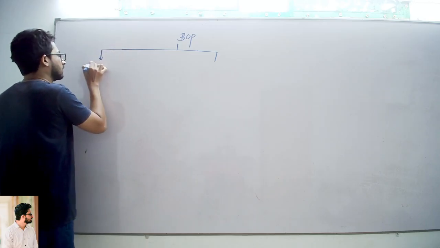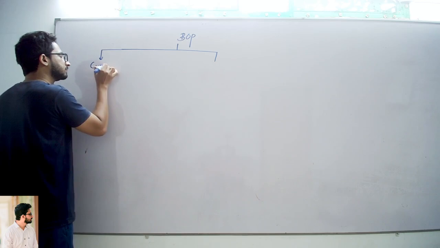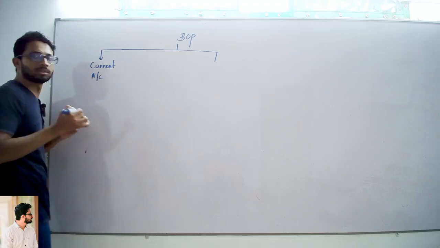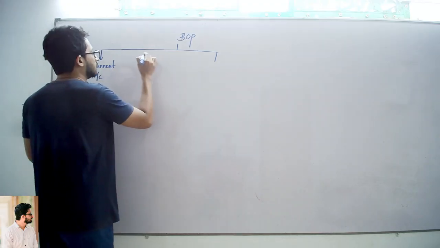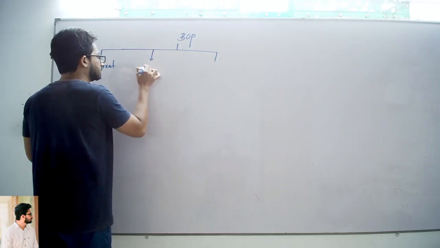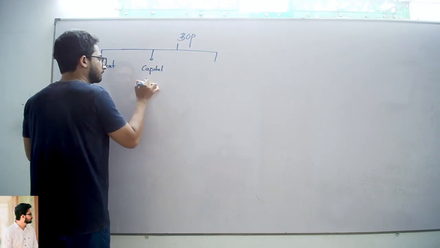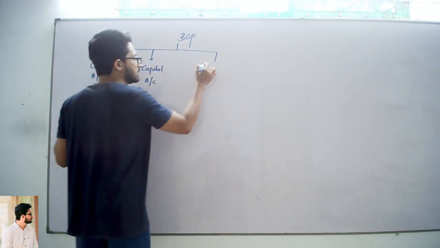First one, current account. Second one is capital account. Third one is financial.